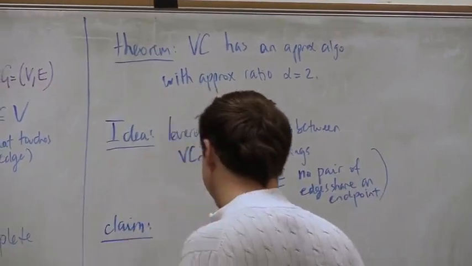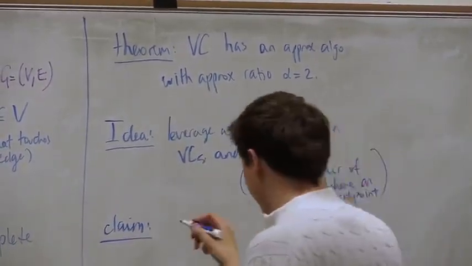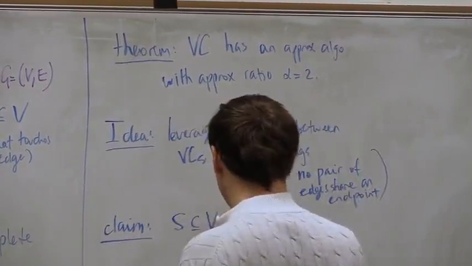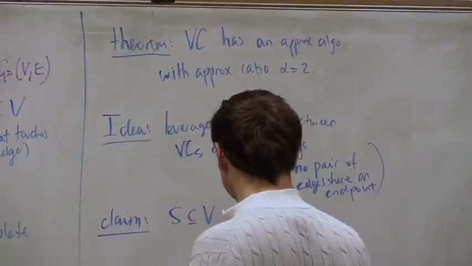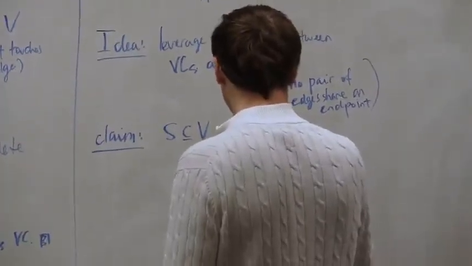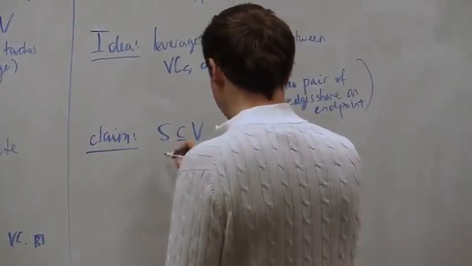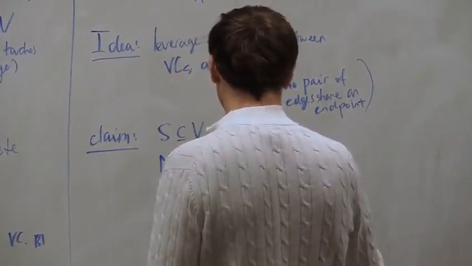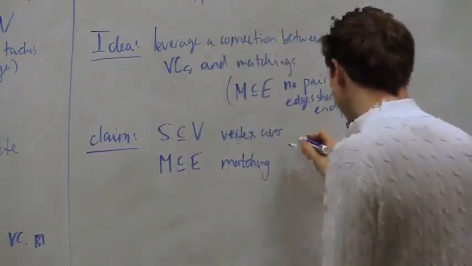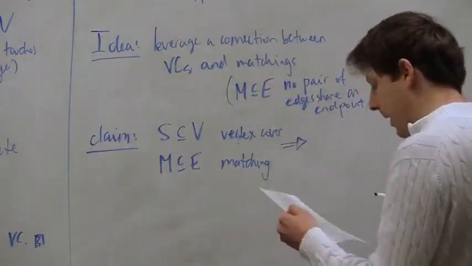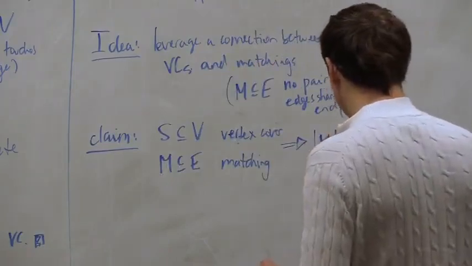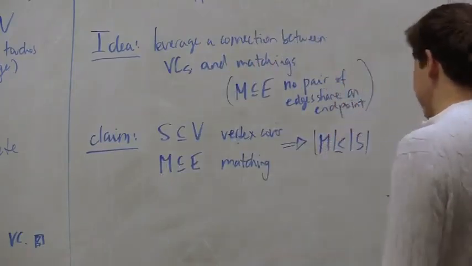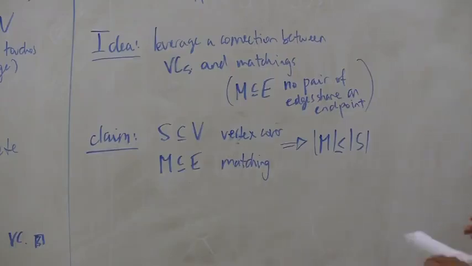So the claim we're going to prove is that if S is a vertex cover, and M is a matching, then the number of edges in a matching is bounded by the number of vertices in a vertex cover.